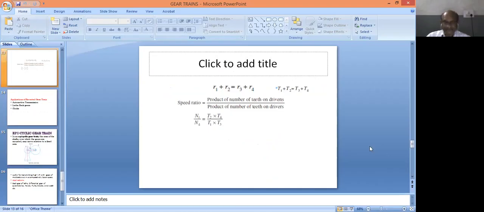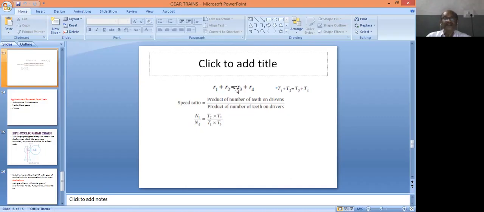Here, the speed ratio is the ratio of the product of the number of teeth on driven gears to the product of the number of teeth on driver gears. By the geometry, we can write R1 plus R2 equal to R3 plus R4. Let us assume all the gears are of the same module; the radius is proportional to the number of teeth.